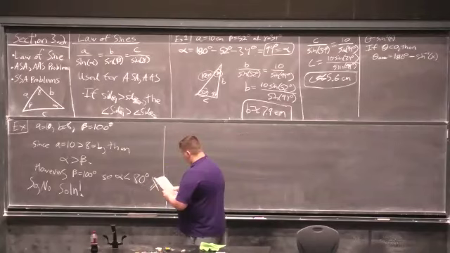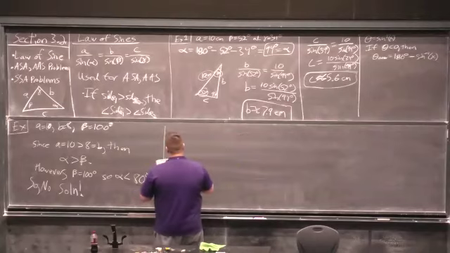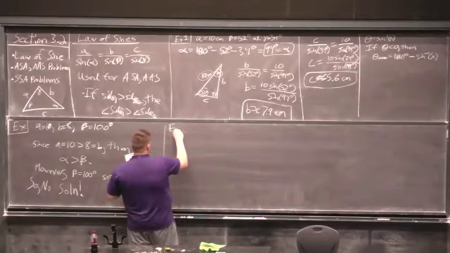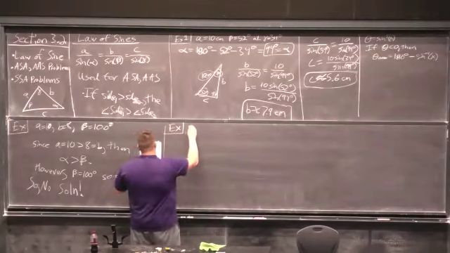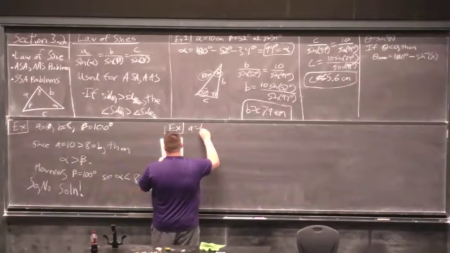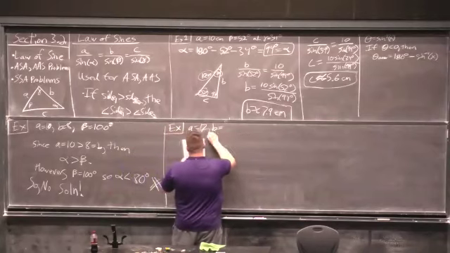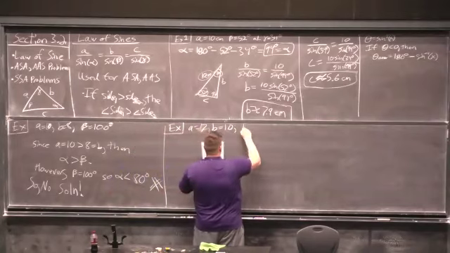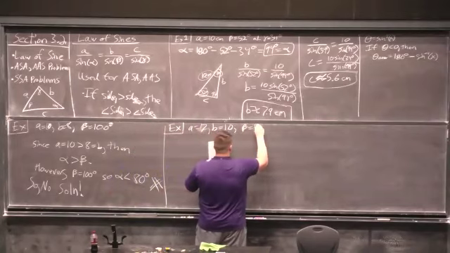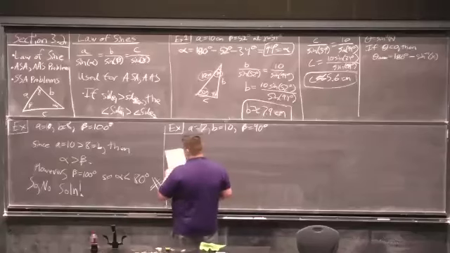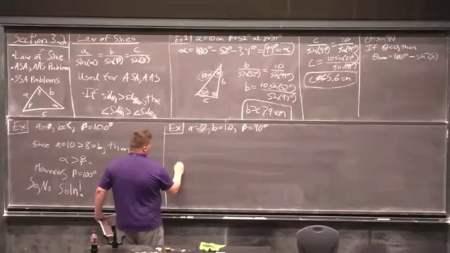So continuing on, we have another example. This time we have A is equal to 7, B is equal to 10, and beta is equal to 40 degrees. So I'm going to draw my triangle.